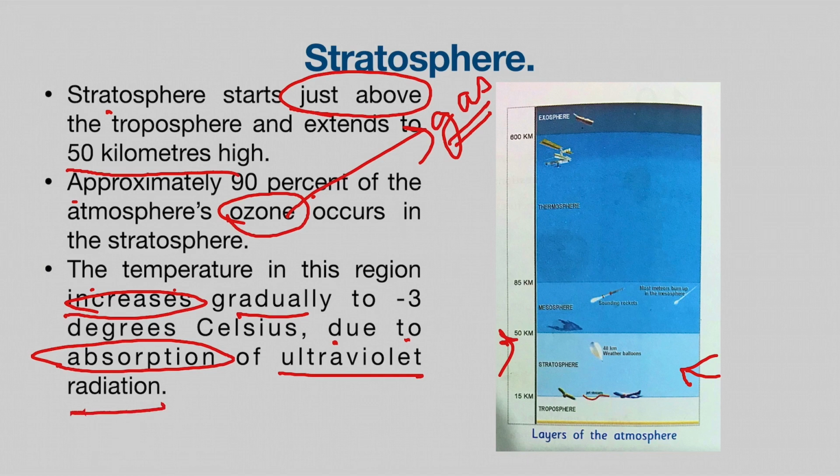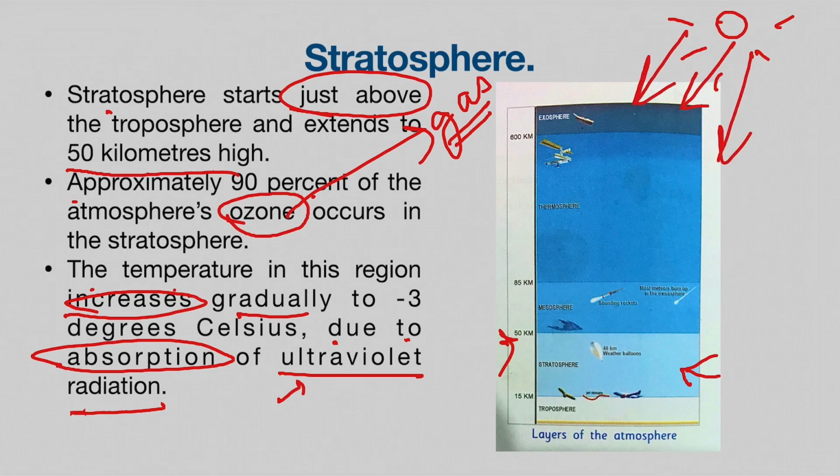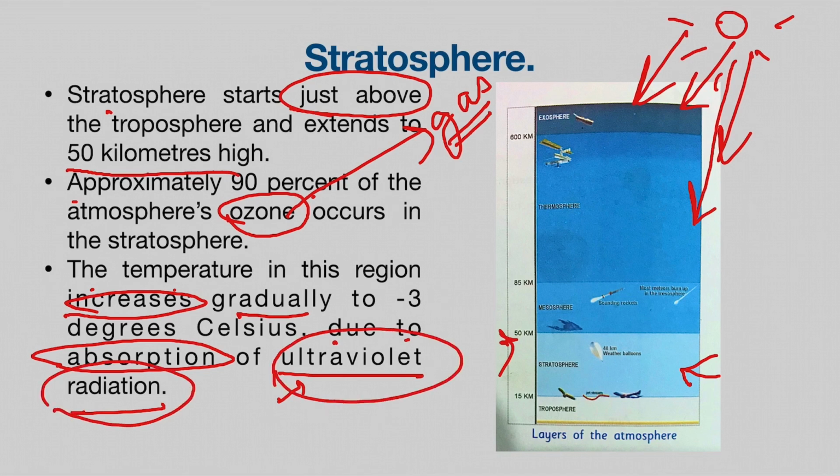All this may be a new term for you. Here you look, ultraviolet radiation means what? Suppose here is the sun. It radiates out heat, right? Every time we get heat from the sun. So the sun will give heat. And some of this heat is very harmful to us. Those harmful parts of that heat we call ultraviolet rays or radiation.